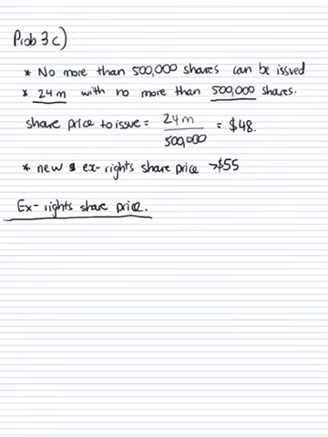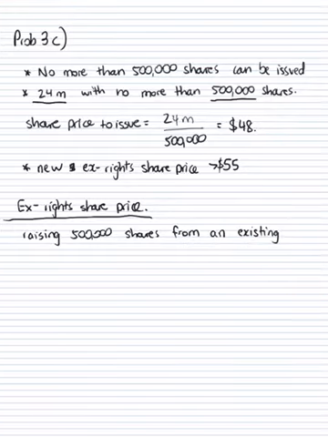So if I'm raising 500,000 shares from an existing pool of 2 million shares, then what that means is that investors would be subscribing to a 1 for 4 share rights issue.